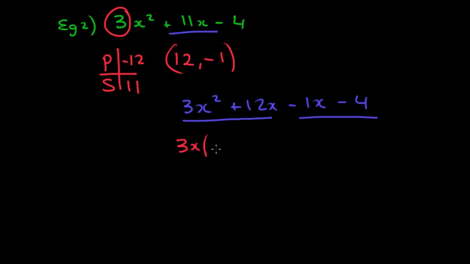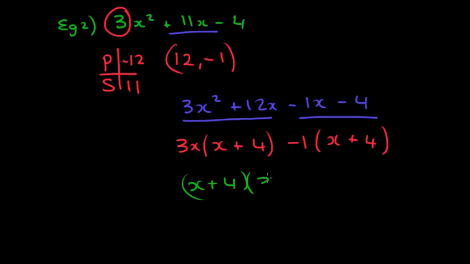Well, 3x does, and we have x plus 4, and then we have a negative 1, and then we're going to have x. Remember, negative 1 times positive 4 makes the negative 4, but remember also the other hint is the brackets have to be the same. Alright, so the last step now is simply just doing x plus 4 in brackets and 3x minus 1.